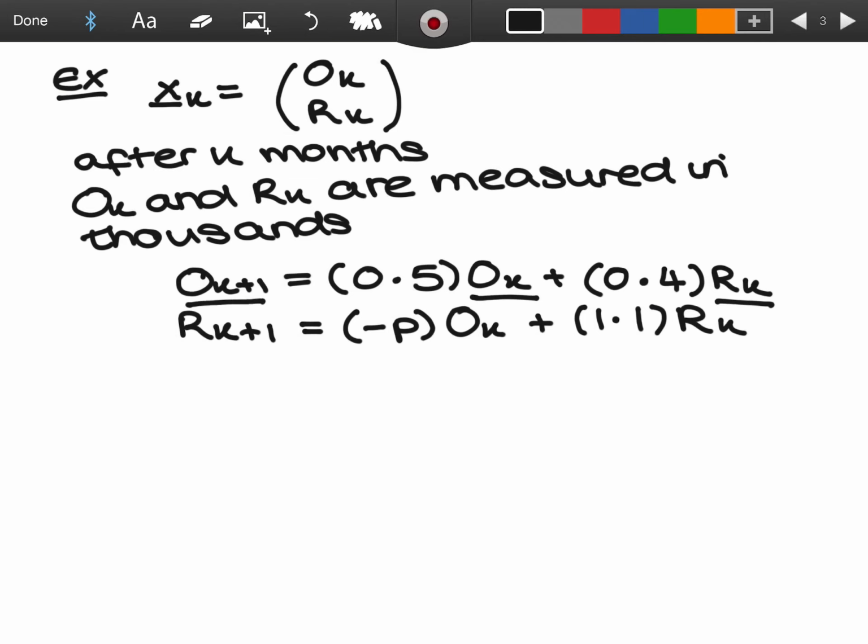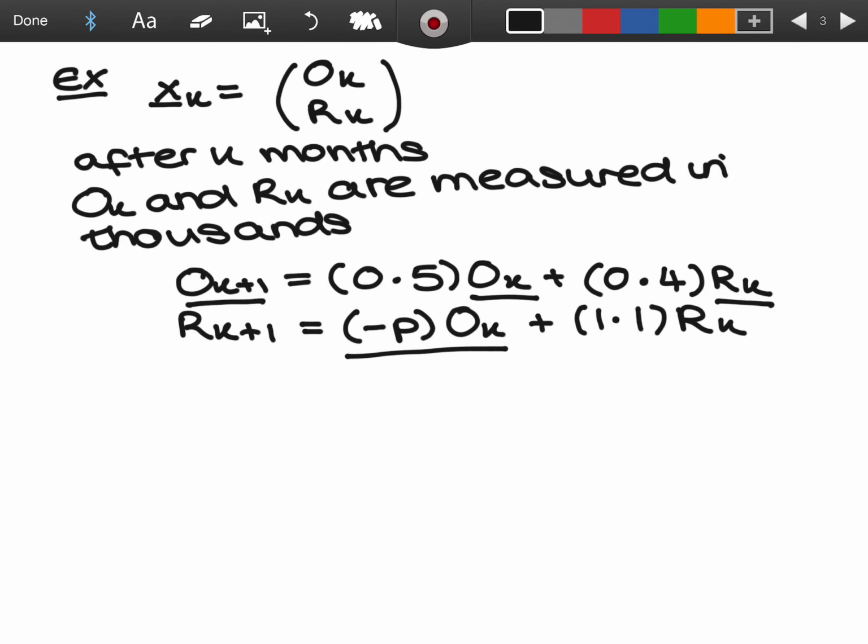What they're showing you with the 0.4 RK is that you have to have the rat population increasing in order for the owl population to increase. So the owl population will increase as the rat population increases, because there's more food for the owls.